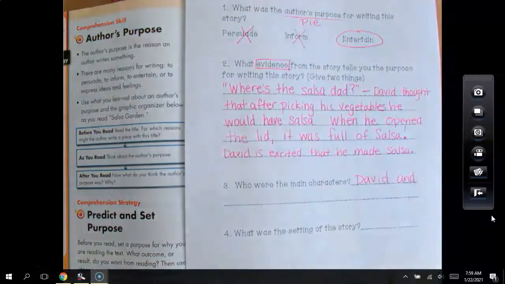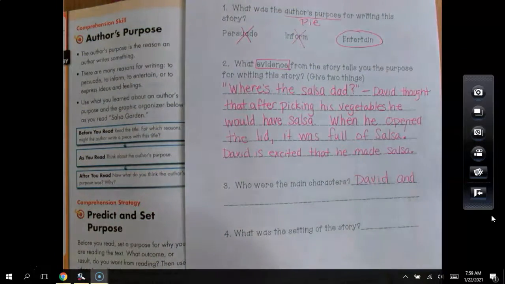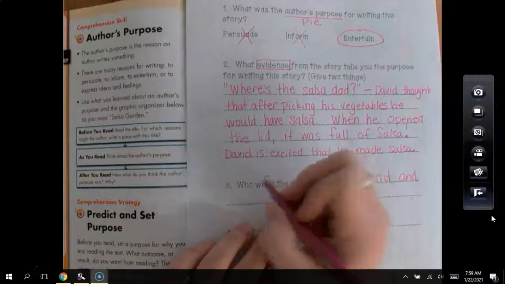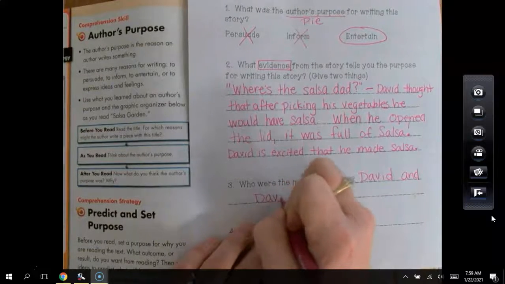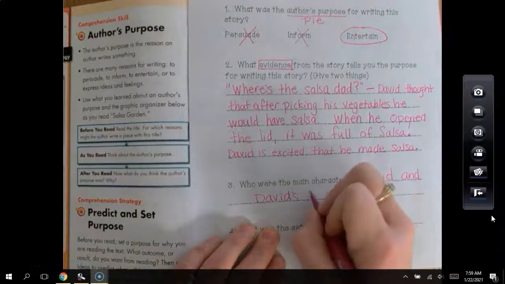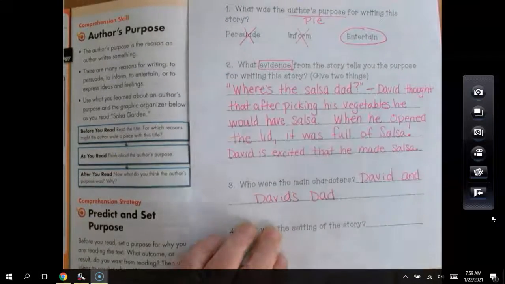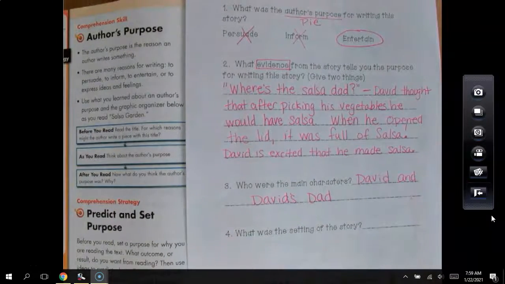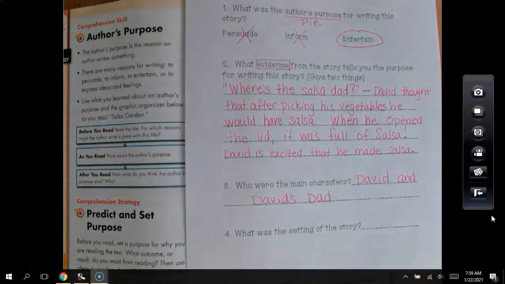Let's see, my lights went off again. There we go. Not sure why that's happening. Okay, they did not give a name, but it was David's father. So we can write David's dad. They called him dad. So we have David and David's dad.